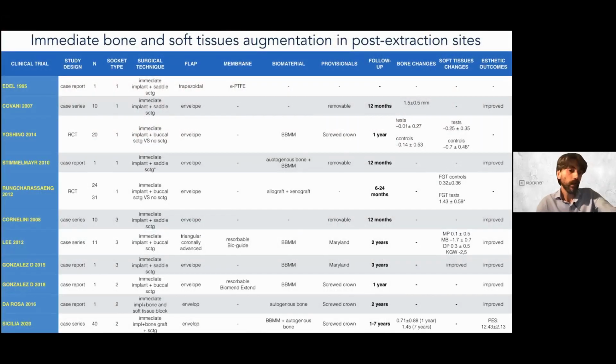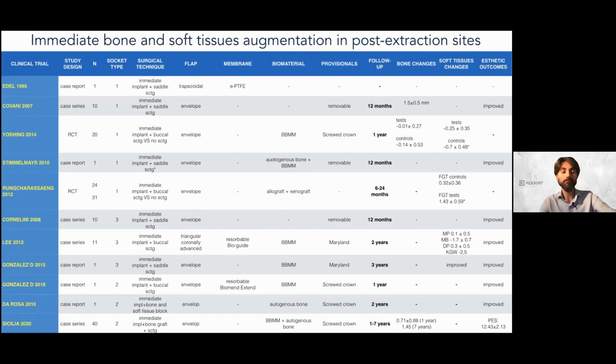So I want to shed light on the scientific evidence of this kind of approach. And I have to say that about immediate bone and soft tissue augmentation in post-extraction sites, we have several papers, but mostly we have case series and case reports.